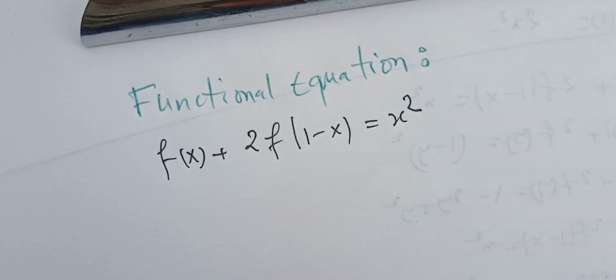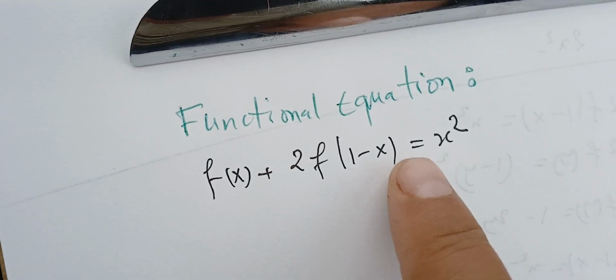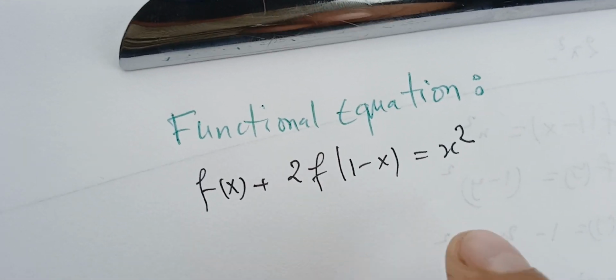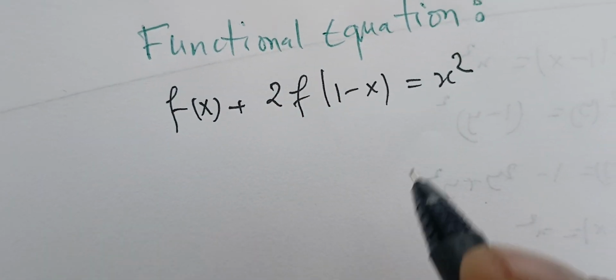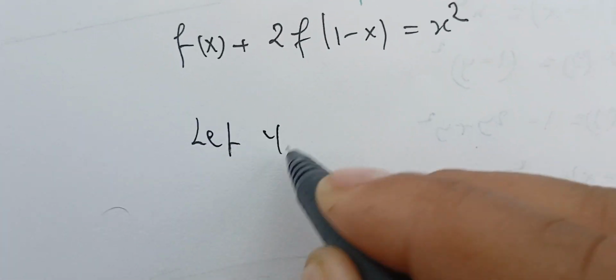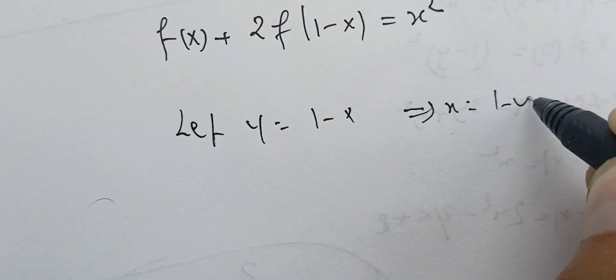Like here, one key is we want to get rid of the 1 minus x here. This is the problem. So to get rid of that, we are going to switch, maybe let y equals 1 minus x. In this case, we get x is 1 minus y.